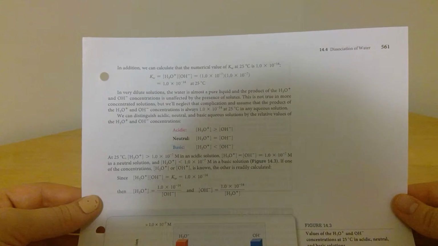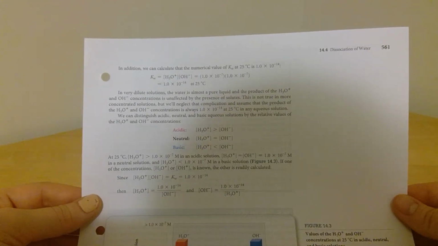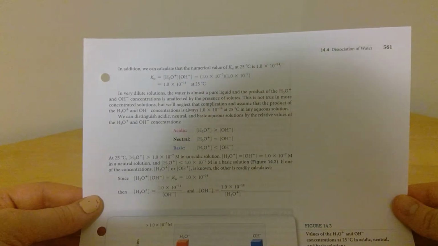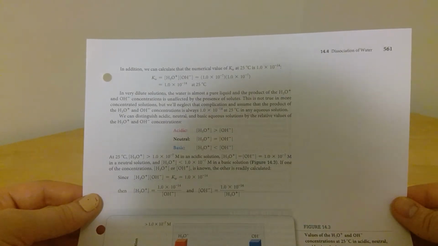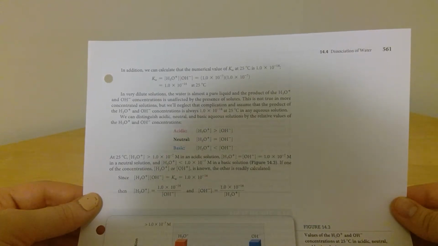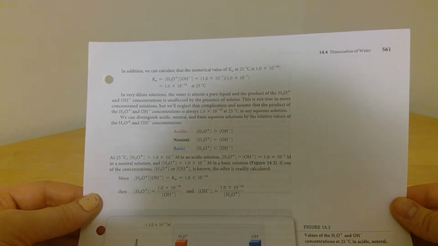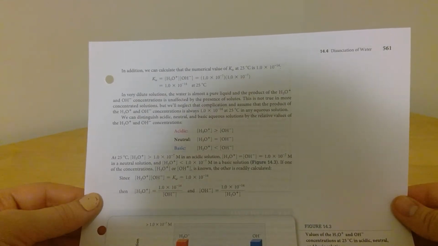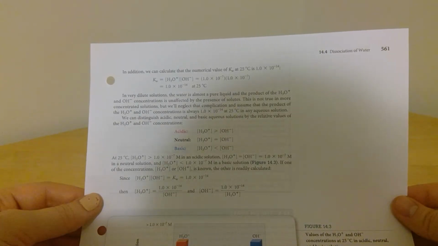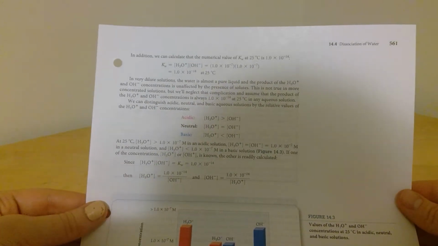At 25 degrees, H3O+ is more than 1 times 10 to the negative 7th in an acidic solution. H3O+ equals OH-, which equals 1 times 10 to the negative 7th in a neutral solution. And H3O+ is less than 1 times 10 to the negative 7th in a basic solution. If one of the concentrations, H3O+ or OH-, is known, the other is readily calculated.